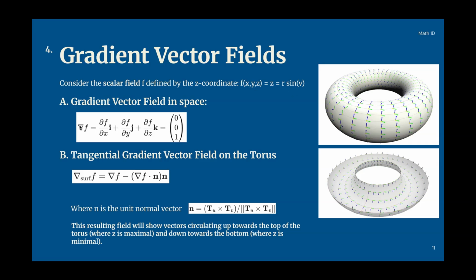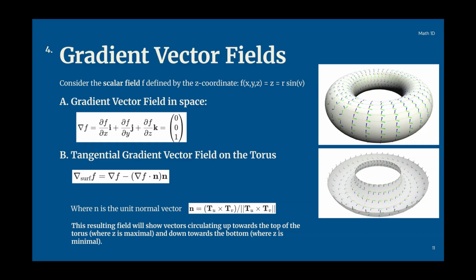We just take the gradient of f, which equals the partial derivative of f with respect to x, the partial derivative of f with respect to y, and the partial derivative of f with respect to z. And then we get this vector, 0, 0, 1.